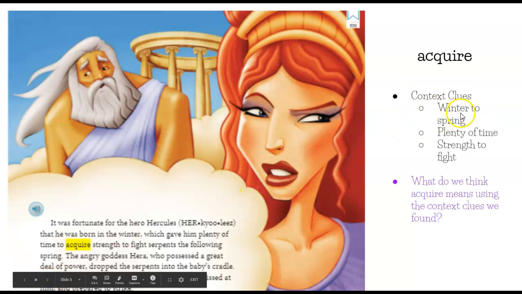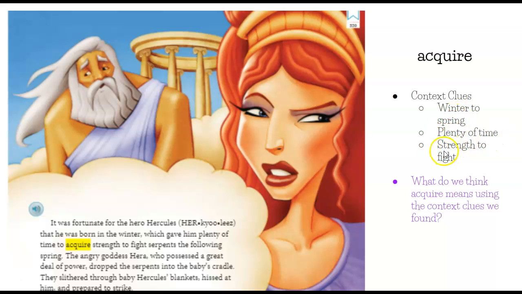And again, I said winter to spring, plenty of time, and then strength to fight. What do you think acquire means using the context clues? Well, I kind of worked through that with you. The one context clue I like to use is synonyms. What are similar words that might mean the same as this word? And I might put it in place of that word to see.